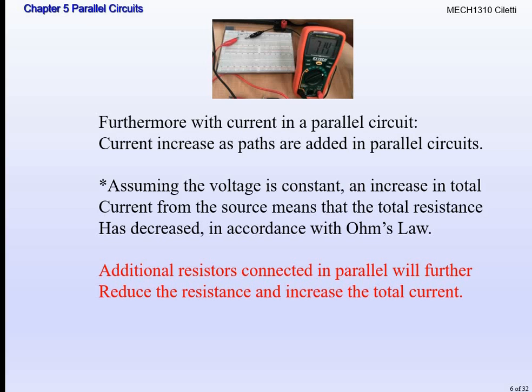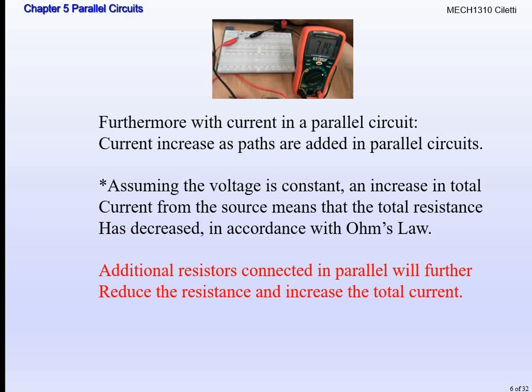In a series circuit, if we added more resistance, current would go down, right? In a parallel circuit, when we add more resistors, current will go up. It's the opposite. So the more resistors in parallel, the smaller the total resistance will be.